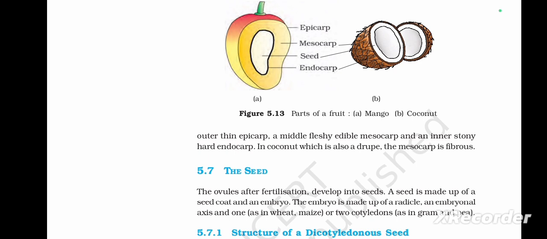In coconut, which is also a drupe, the mesocarp is fibrous. Next, the seed. The ovules after fertilization develop into seeds. A seed is made up of a seed coat and an embryo. The embryo is made up of a radicle and embryonal axis and one or two cotyledons.